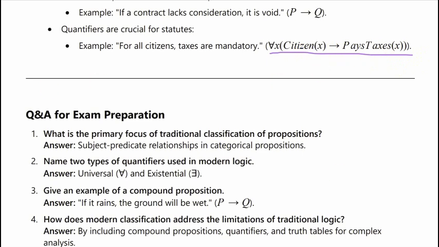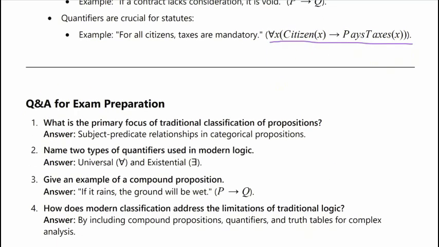Let's look at a few question answers. What is the primary focus of traditional classification of propositions? The primary focus is on subject-predicate relationships in categorical propositions. Name two types of quantifiers we already know in modern logic. One is universal and the other is existential quantifier.